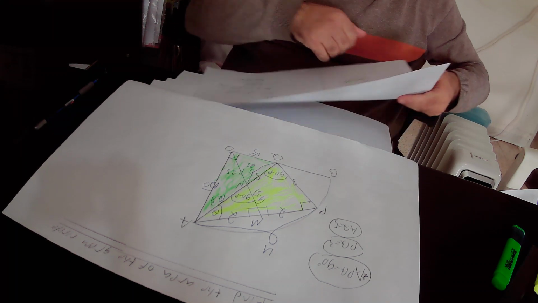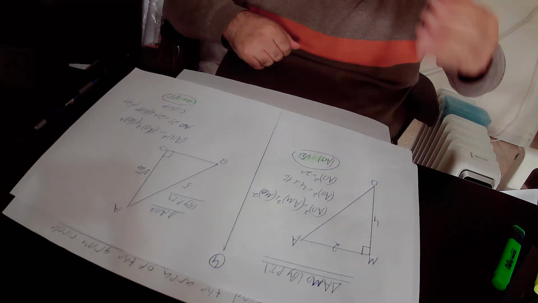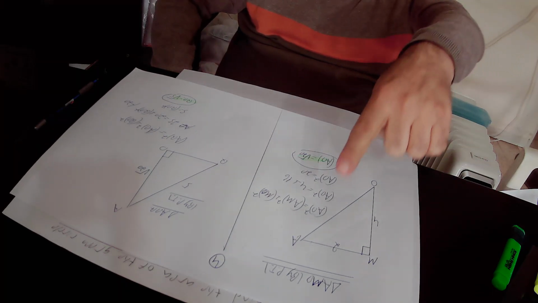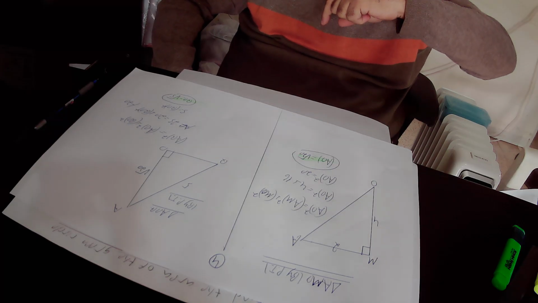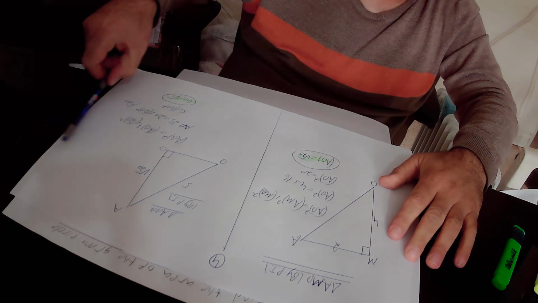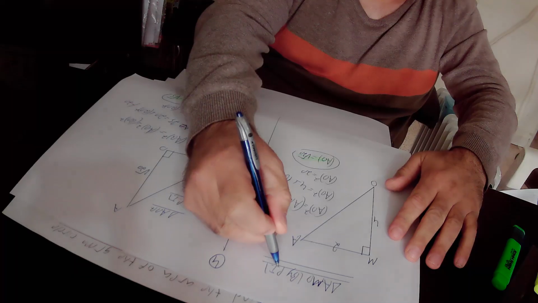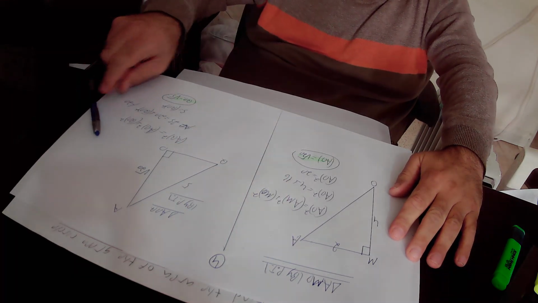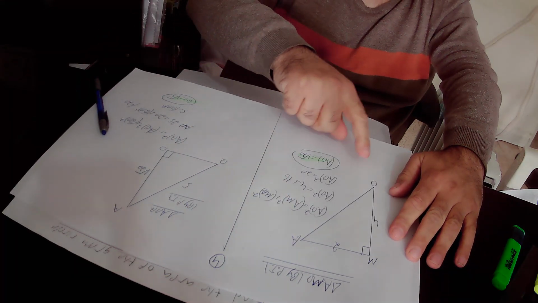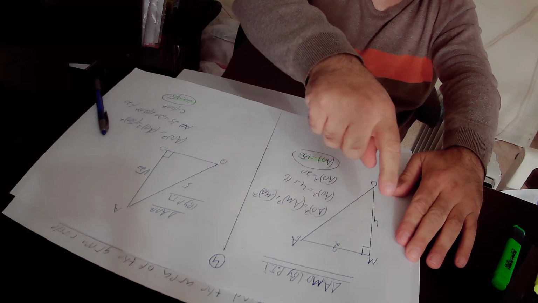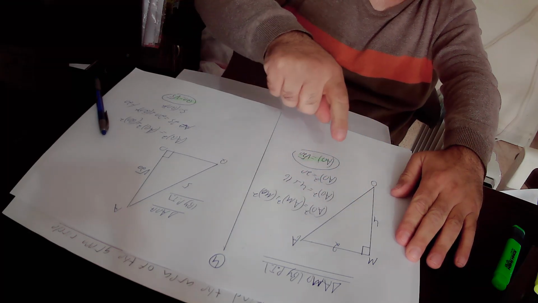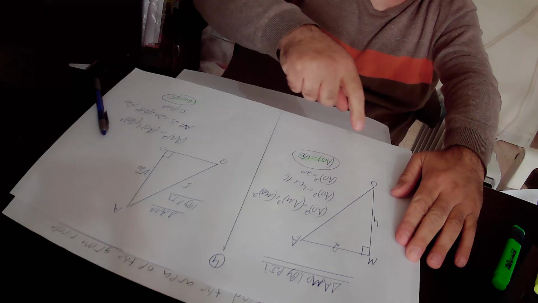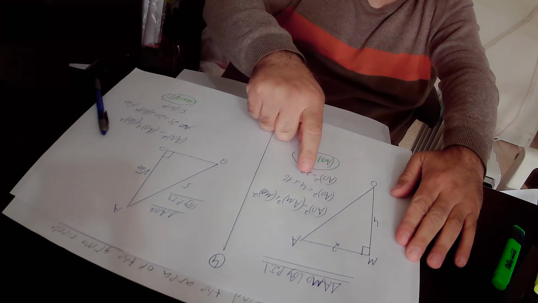So actually, this is the right triangle AMO that I copied from the original drawing. According to the Pythagoras theorem, in this right triangle AOM, AO square equals AM square plus MO square.